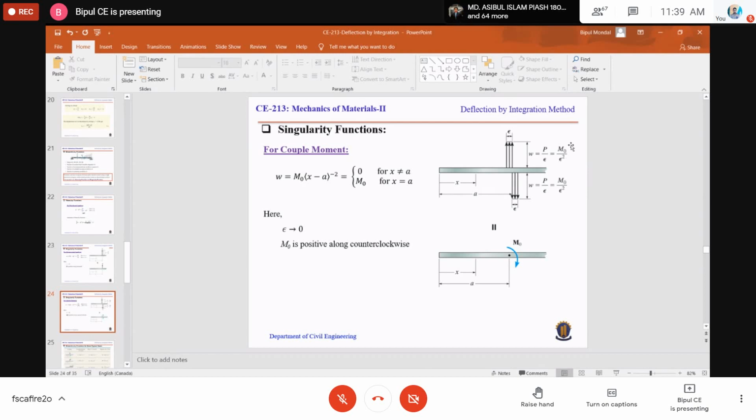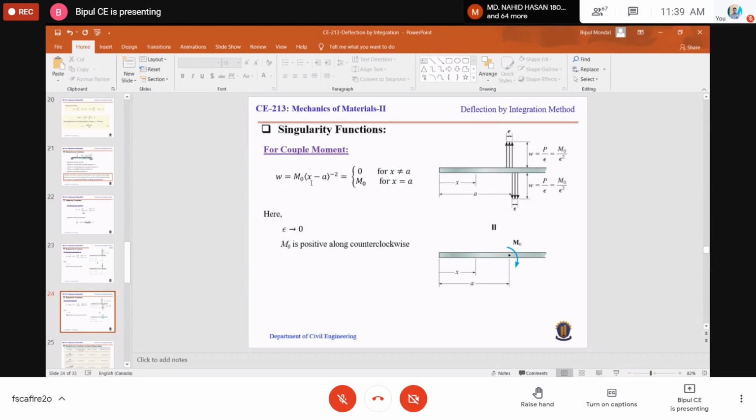And if we move it upward, then it will be M naught times x minus a to the power minus 2. That is here. Distributed load equals M naught times x minus a to the power minus 2.